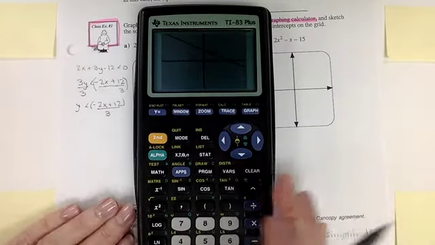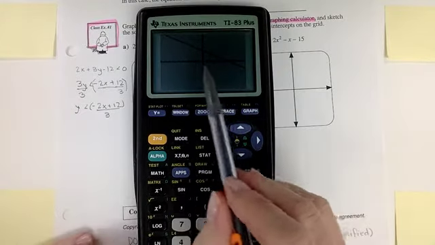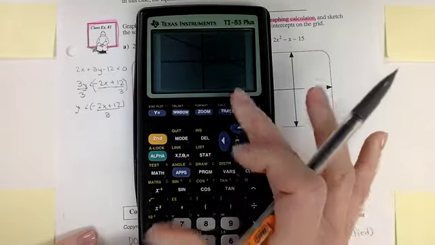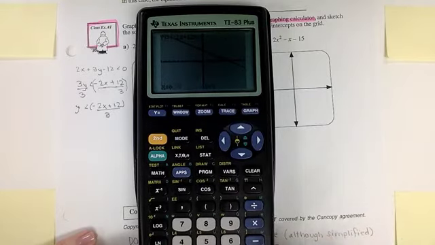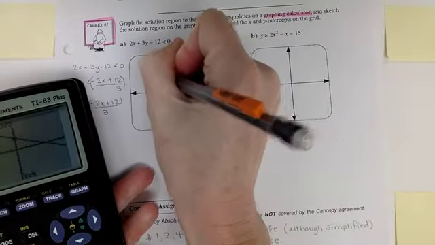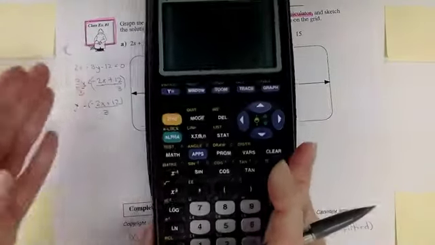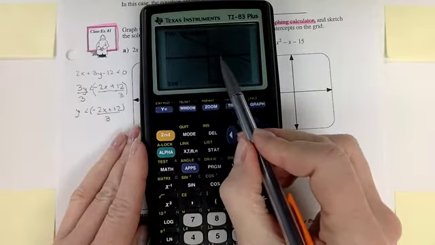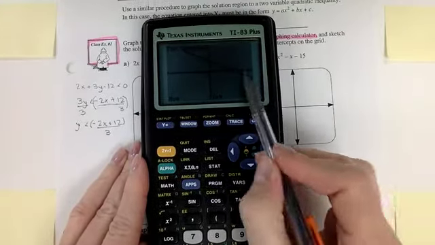And I can get my x-intercept and the y-intercept if I just use some features on my calculator that I already know. So my y-intercept, let x equal 0, so trace 0. So my y-intercept is 4. And then my x-intercept, well, it looks like 1, 2, 3, 4, 5, maybe 6.